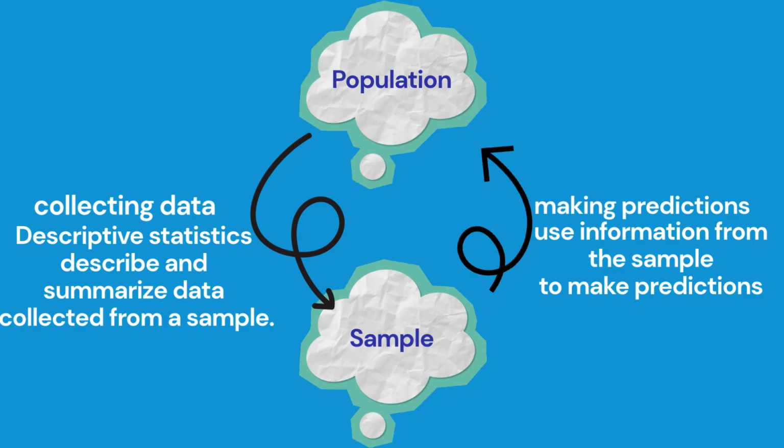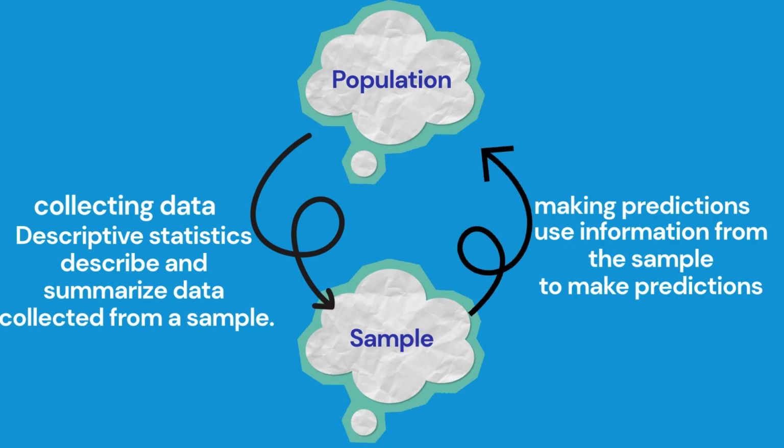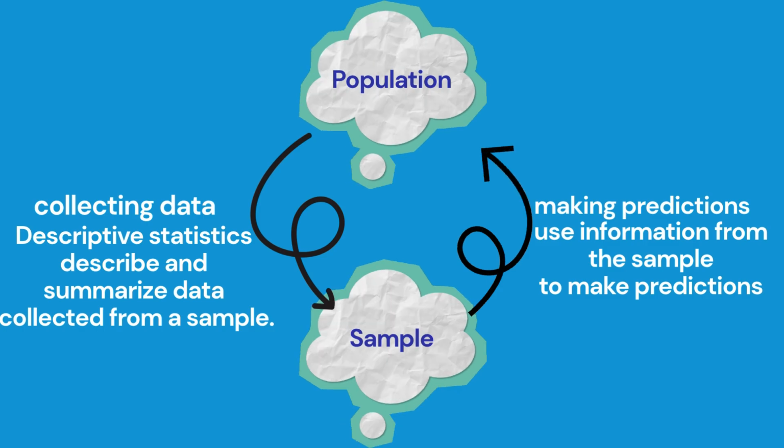So, let's take a step back and look at the bigger picture of statistics. We usually start with the population, the entire group we want to study. But in most real-world situations, it's impossible or impractical to measure everyone. So instead, we select a sample, which is a smaller group that we can actually observe.